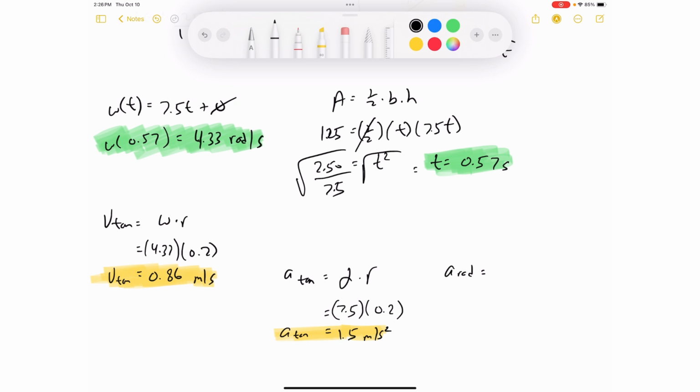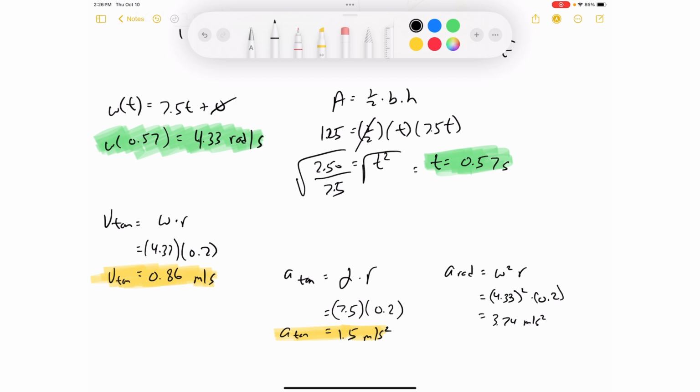It's just omega squared r. So instead of alpha, it's your angular velocity squared. We have omega, 4.33, squared, times your r, which is 0.2. You do that, you get 3.74 meters per second squared.